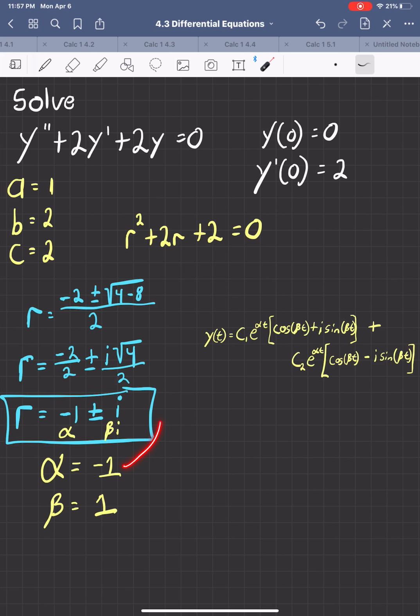Okay. So with that in mind, we can jump into our general solution. On this page right here, or on the next page, I'm going to write the general solution. What am I doing? I'm just plugging in negative 1 for alpha and 1 for beta.